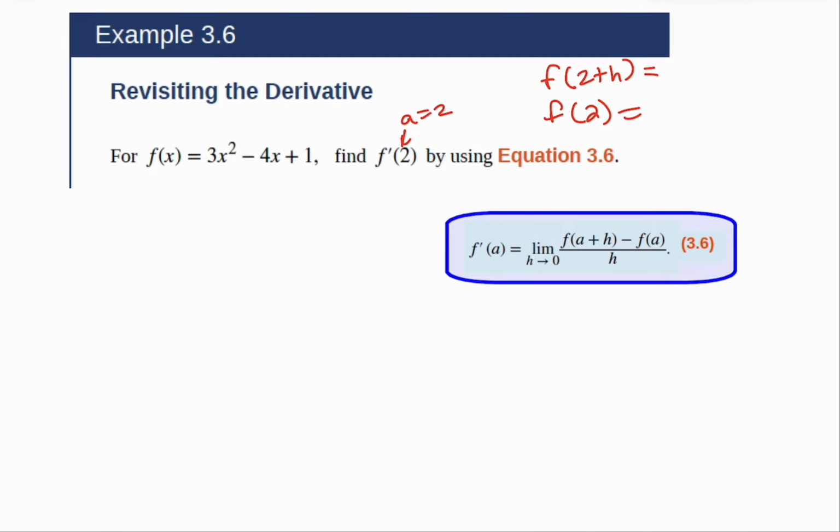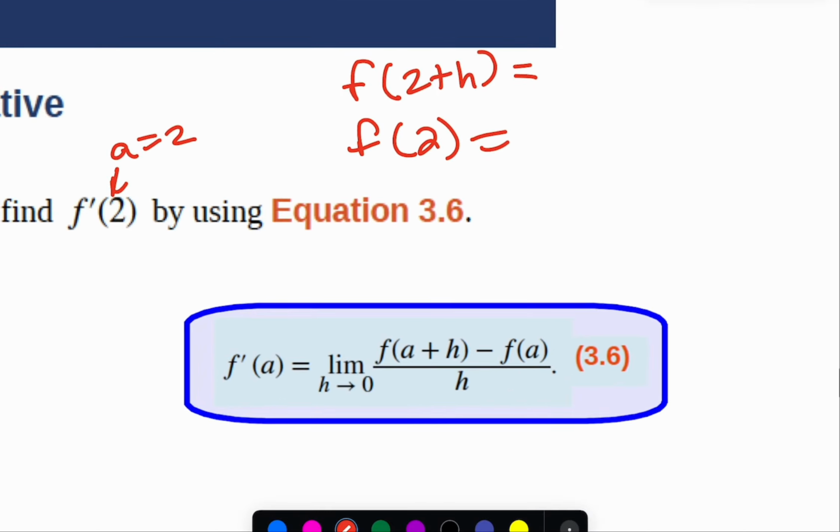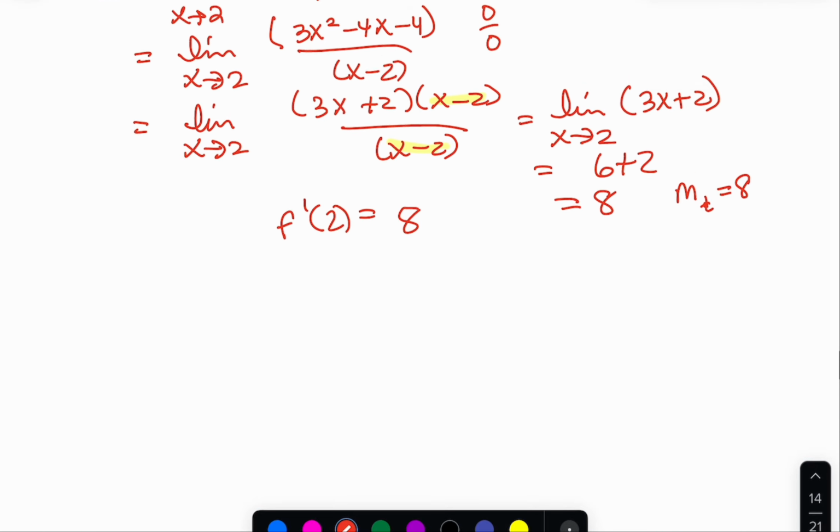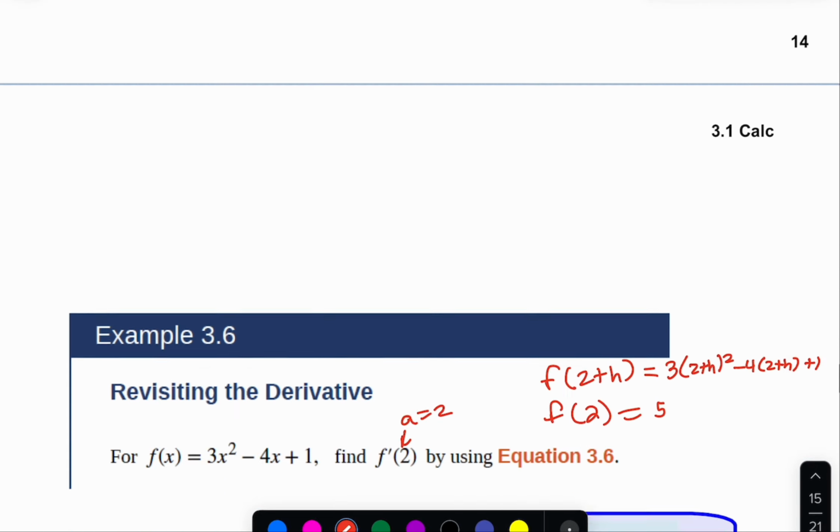If I plug 2 plus h into my function, I get 3 times the quantity 2 plus h squared, minus 4 times 2 plus h, plus 1. We already found f of 2 on the last slide. f of 2 was 5. Yes, f of 2 was 5.